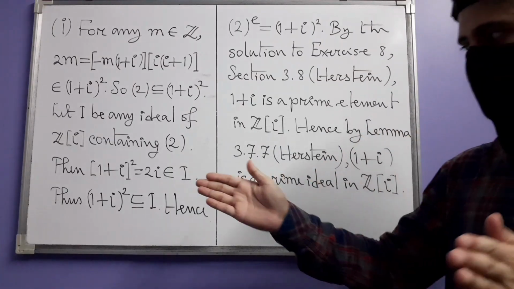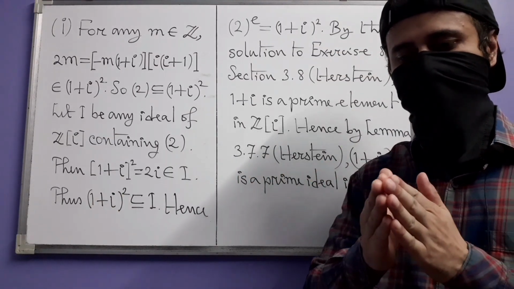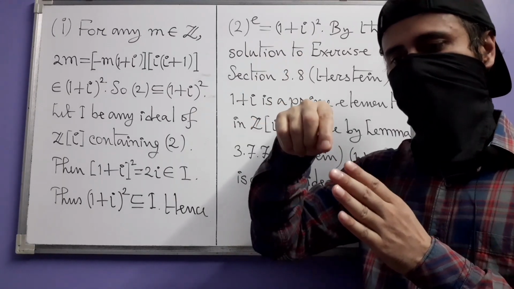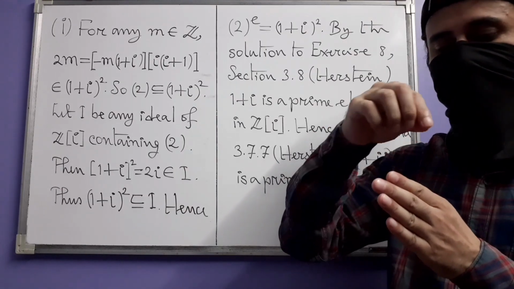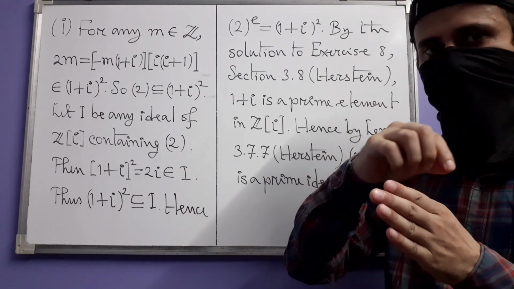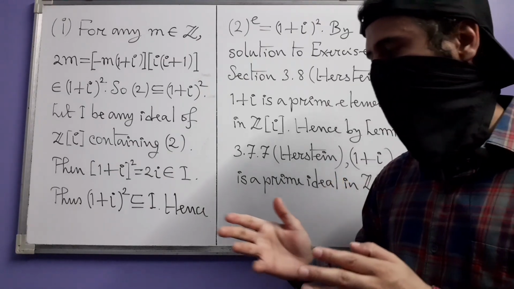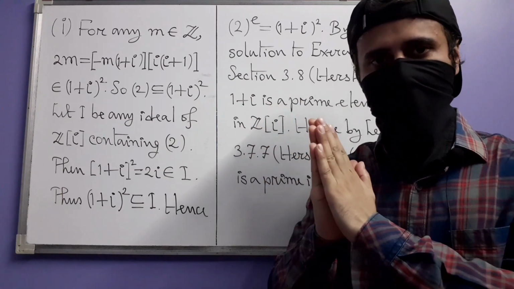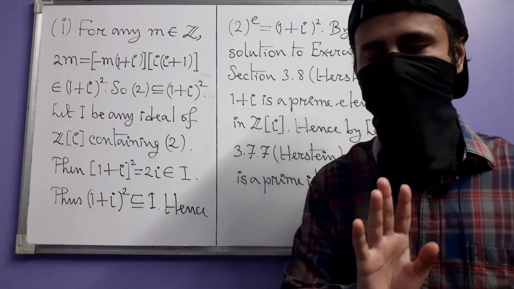So the general element in this square will look like: some complex number times (1 + i) times some complex number times (1 + i), plus again some complex number times (1 + i) times some complex number times (1 + i). So ultimately it appears in the form of (1 + i) squared times a sum, which is after all a complex number.